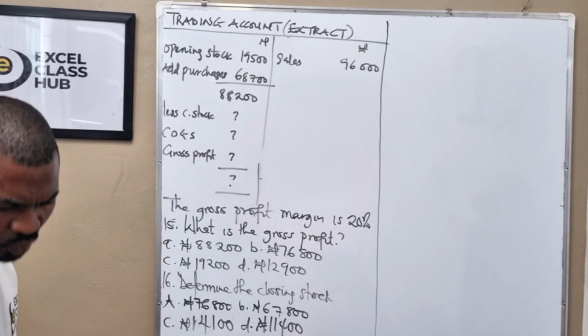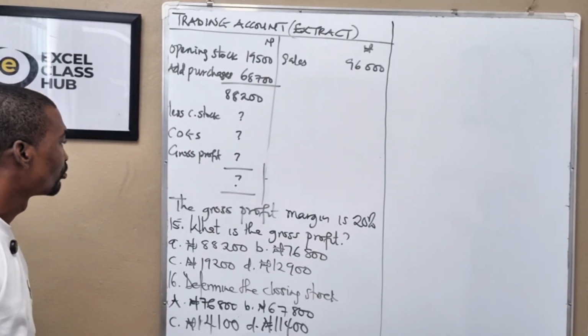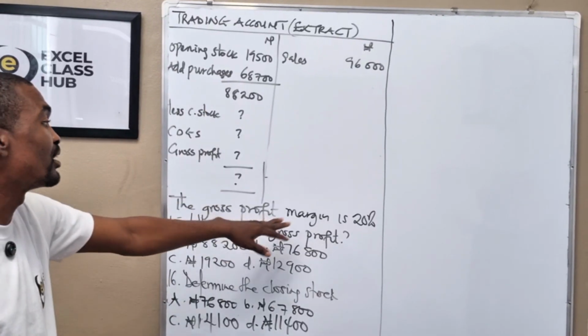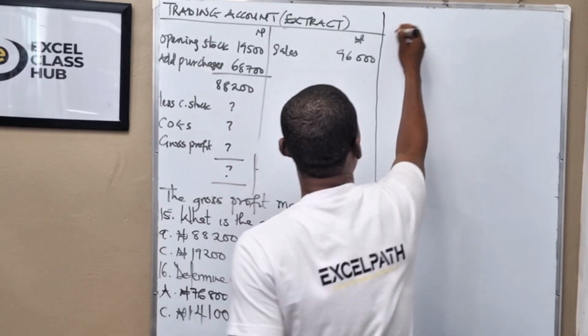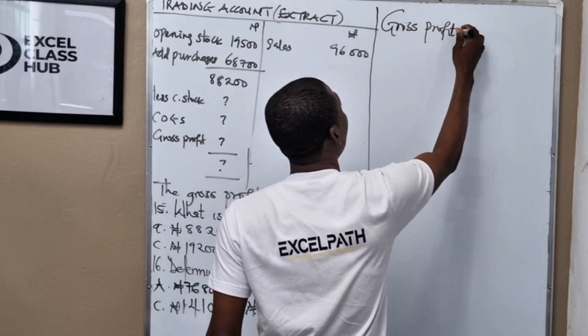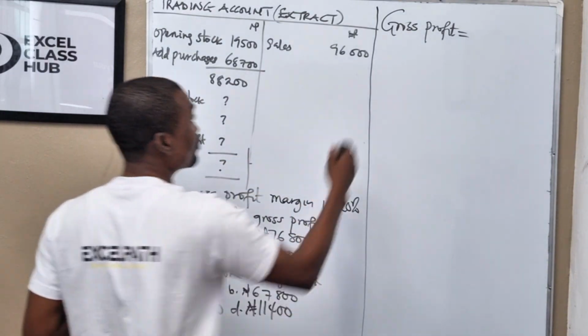So this is UTME 2008, questions 15 and 16. Now we are given the trading account. The gross profit margin is 20%. Question 15: what is the gross profit? The gross profit will be 20% of the sales.